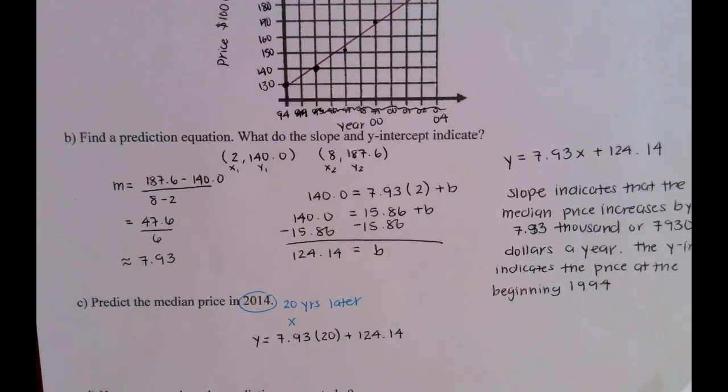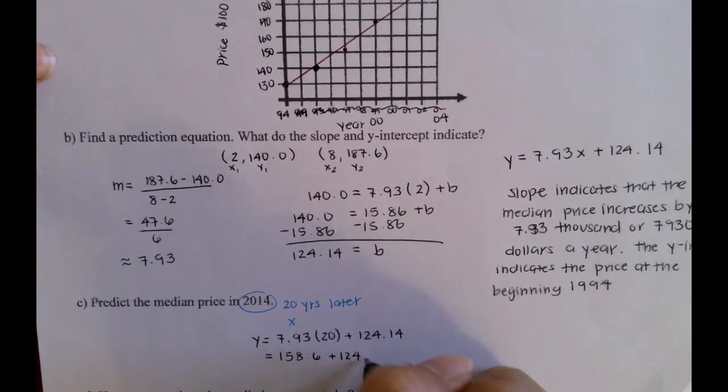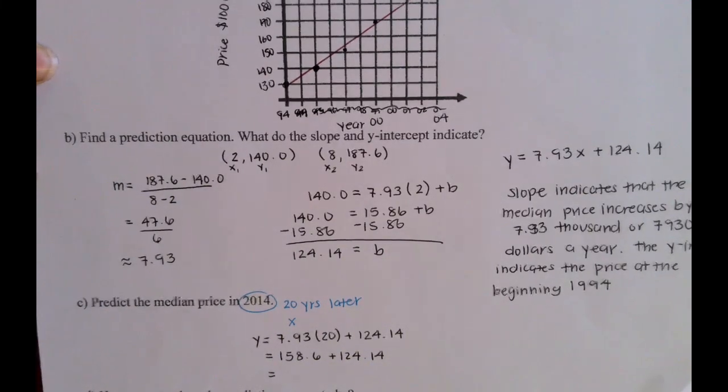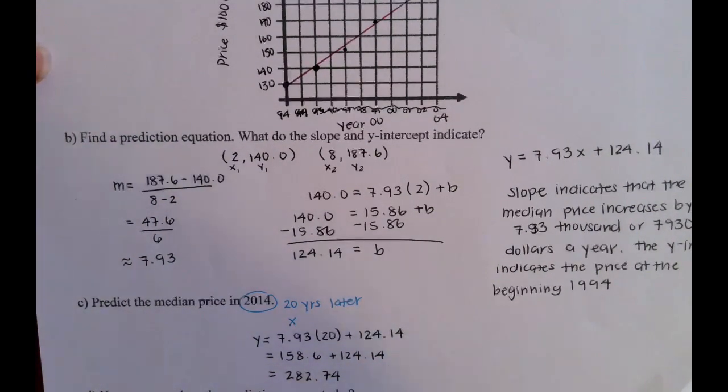Okay, 7.93 times 20 is approximately 158.6. And then this gives us 282.74.